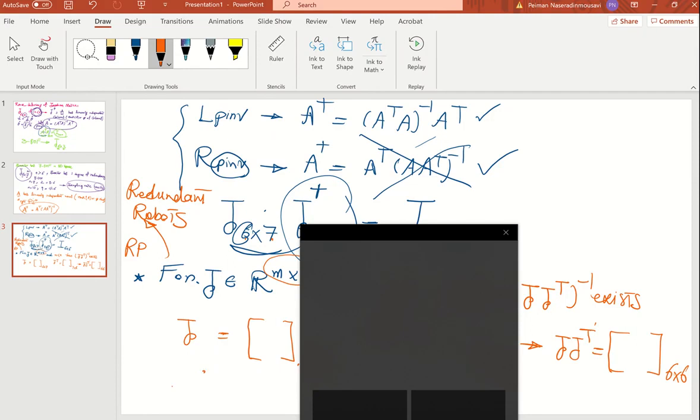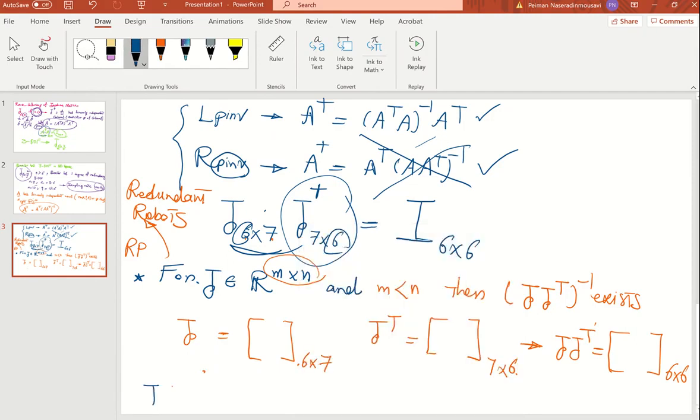So having these conditions, if J is M by N, then J transpose is N by M. So the result of J times J transpose is M by M. This is a matrix operation from high school.